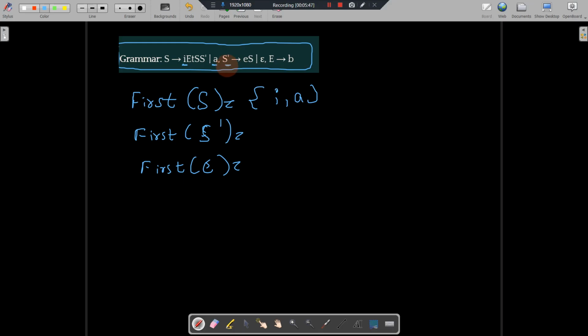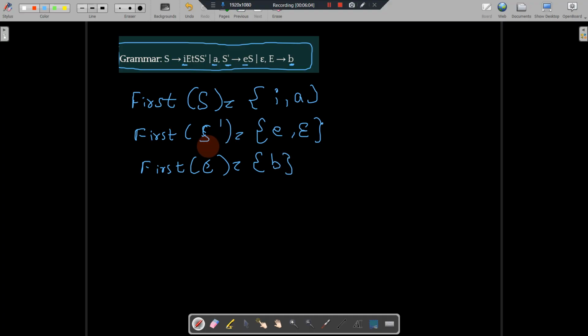What is first of S dash? It is producing E and epsilon. And what is first of E? It is producing only the terminal b.